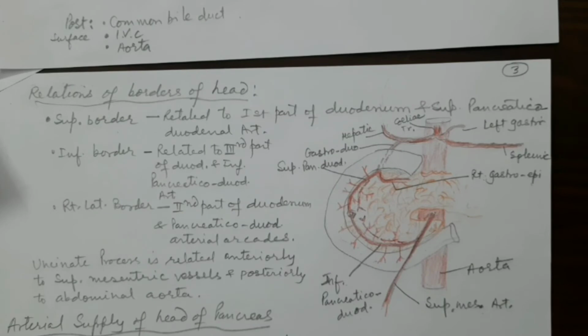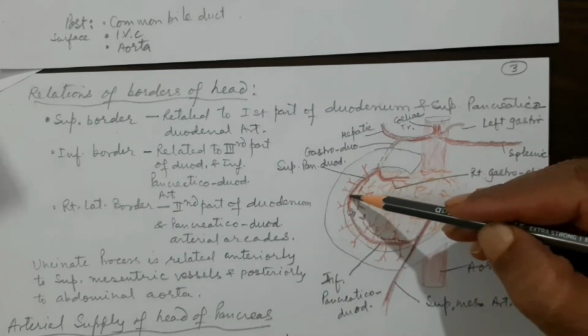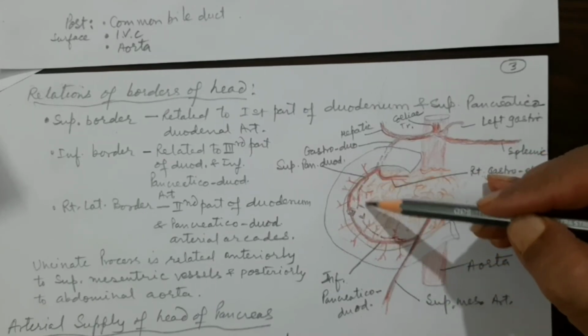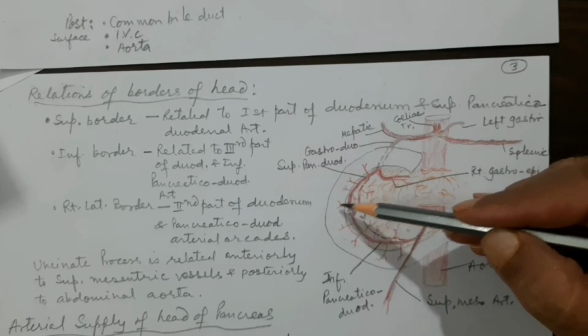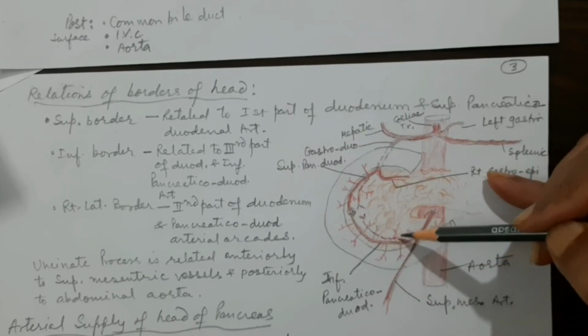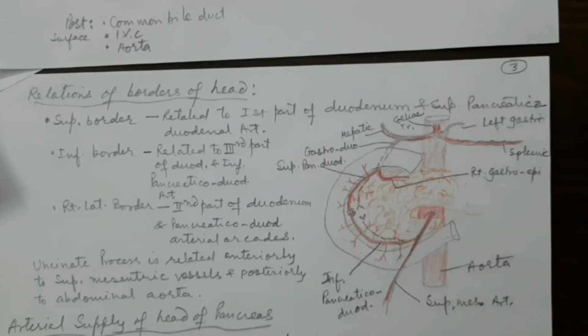So this is called arterial arcades, and from both anterior and posterior of superior and inferior, so many branches are coming out. These are supplying the duodenum, as well as the medial branches, they are supplying the head of the pancreas. Okay, head of the pancreas.